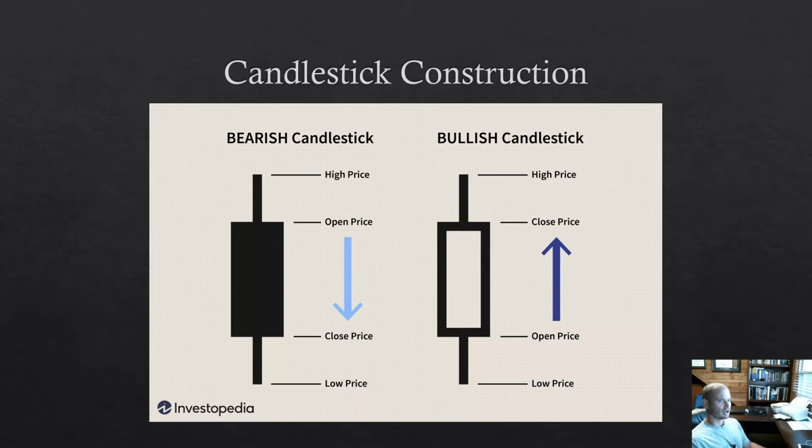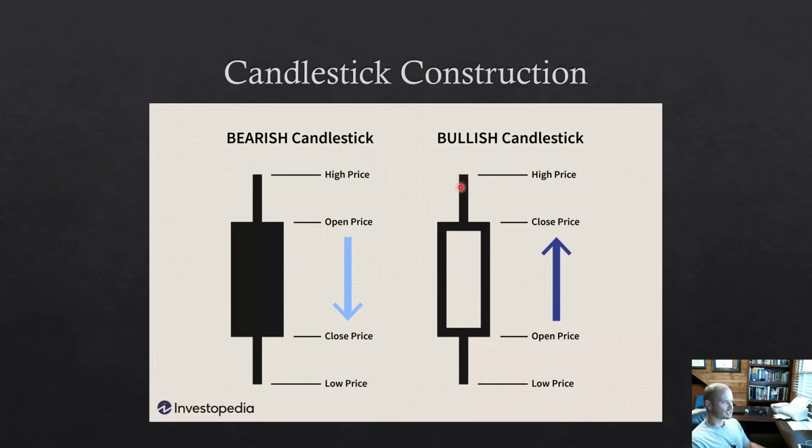The upper wick will indicate the high price of the candle. What I mean by the upper wick is this portion right here. This is your upper wick, how it sticks up. And the same thing over here on this bullish candlestick. That's your upper wick.